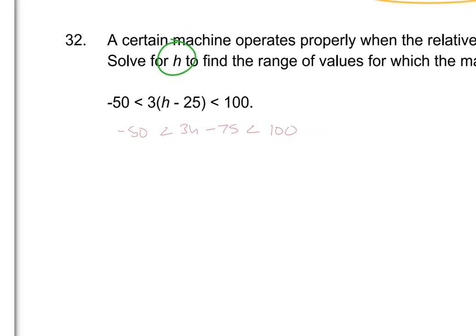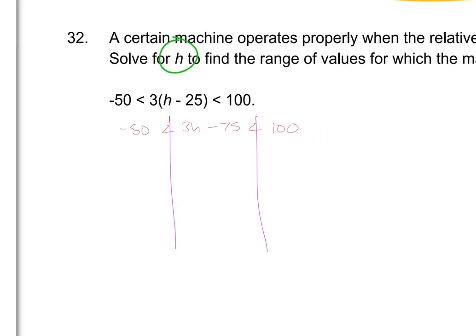So this is one where I like to do just all one gigantic inequality. If you would like to do 2 separate ones, go for it. Adding 75 to all sides, and I get 25 is less than 3h, which is less than 175.